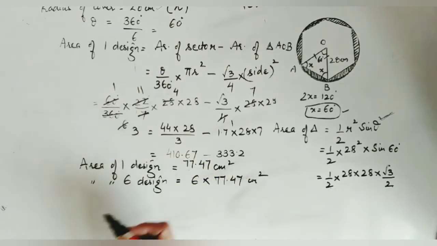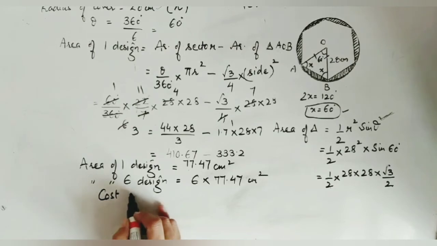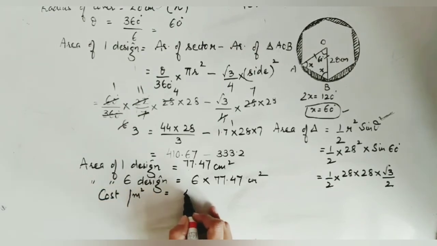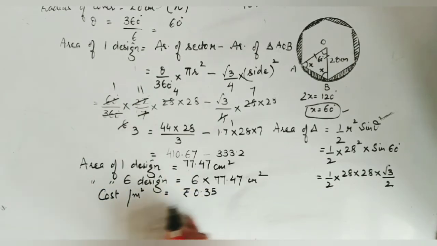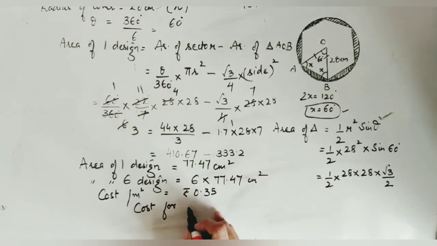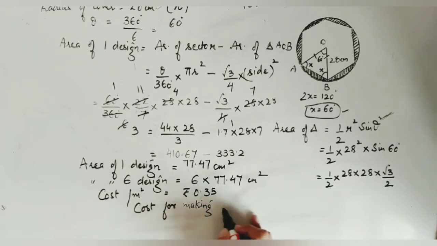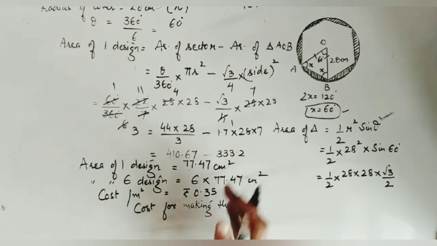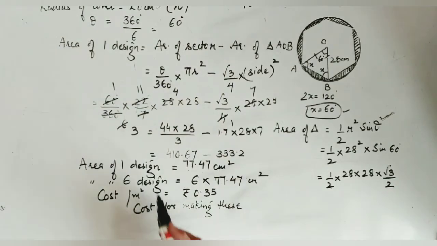All right, and cost per meter square is 0.35. So cost for making these designs, the question exactly says, cost for making these designs, since these are 6 designs, we have already done the calculations for 1, then we did for 6. Cost is 0.35.